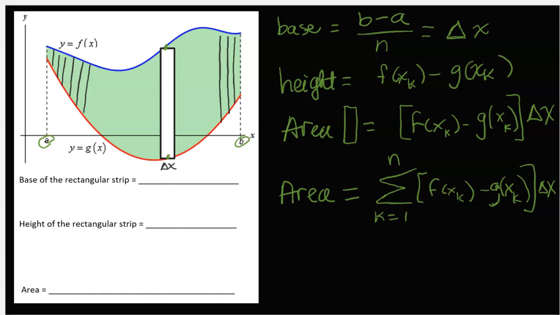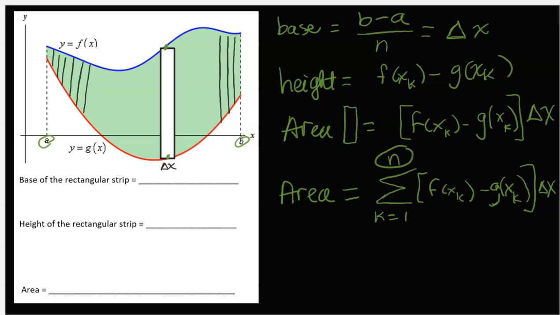Now really, how many rectangles do you have to cut so that you can get a very accurate amount that represents the area, right? So we know that the bigger n is, meaning the more rectangles you cut up, the better approximation we'll get to the exact area of that shape, right?